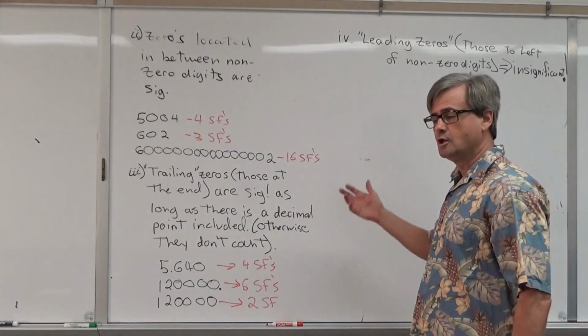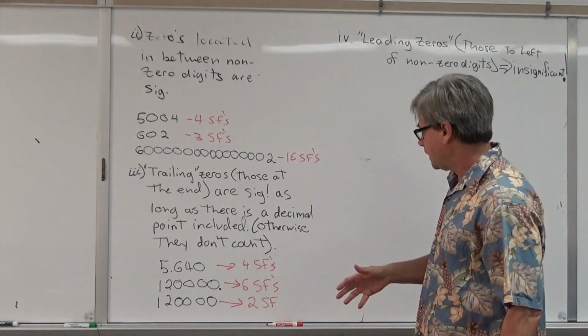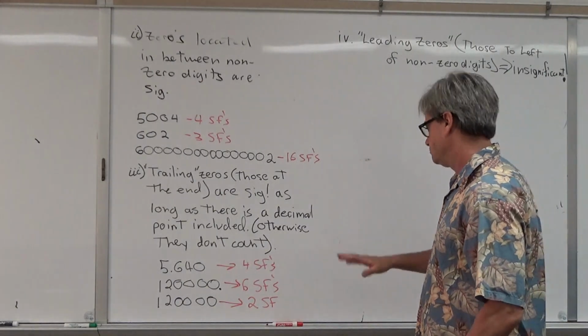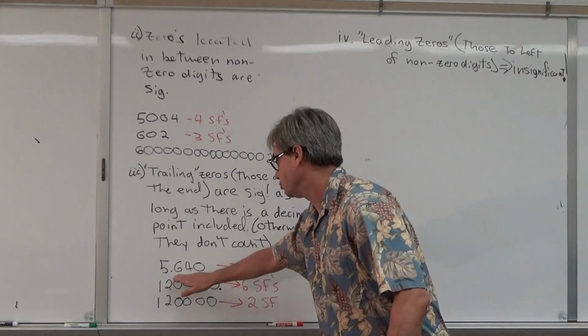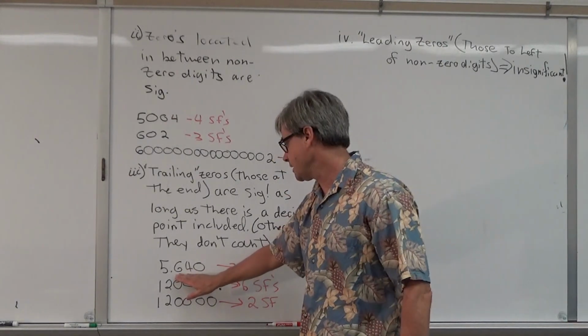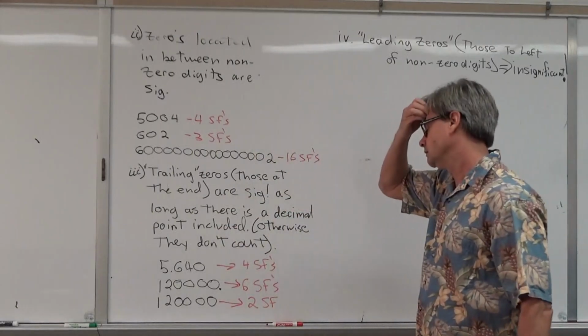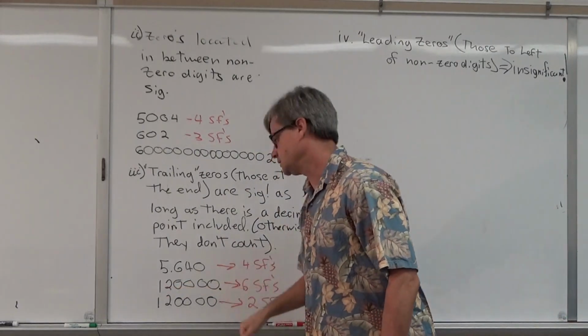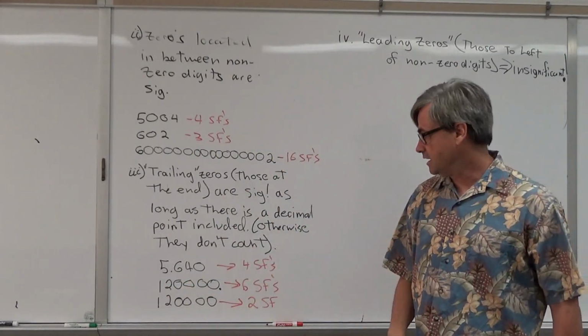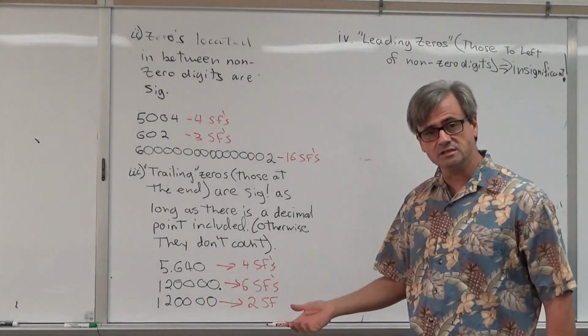For division, you're not worrying about how many are to the right of the decimal place. What you're worrying about is how many are there total. There's 4 sig figs here. There's 6 sig figs here. And then you look at the one that has the fewest.